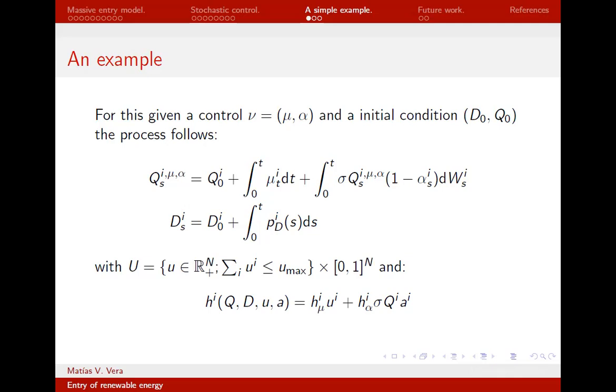Okay. And the demand is simply a basic demand, and then an uncontrolled process that may be seen as a planification. And the controls are going to stay below a budget, and in [0,1] because it's how much I turn off the volatility. And then H is going to be the cost of the control, a cost per panel, and then a cost per unit of volatility.